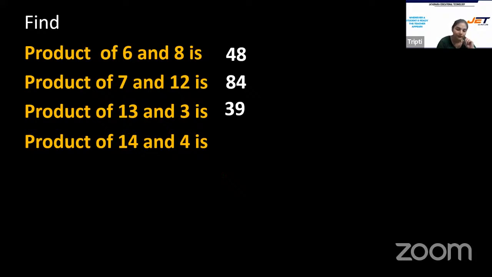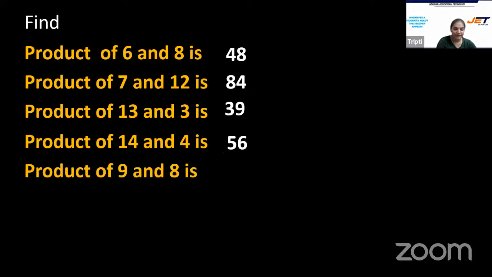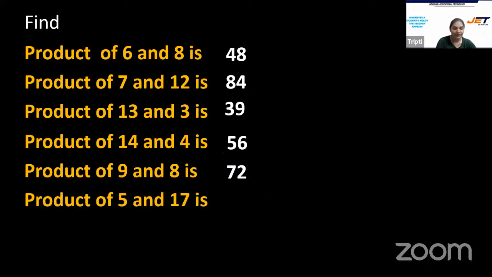What's the product of 14 and 4? 56. Product of 9 and 8 means 9 times 8 or 8 times 9. Both are the same. 72. Product of 5 and 17.